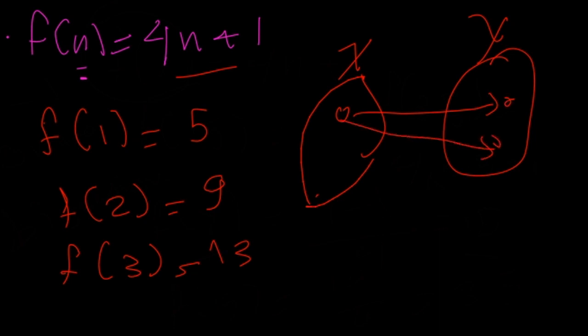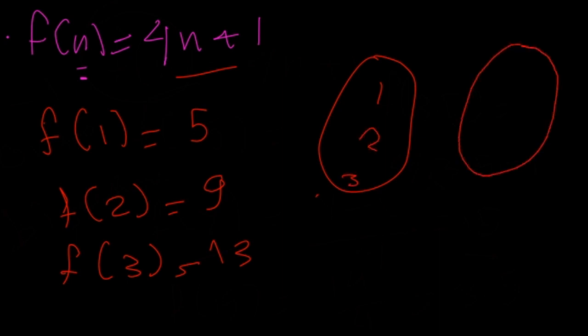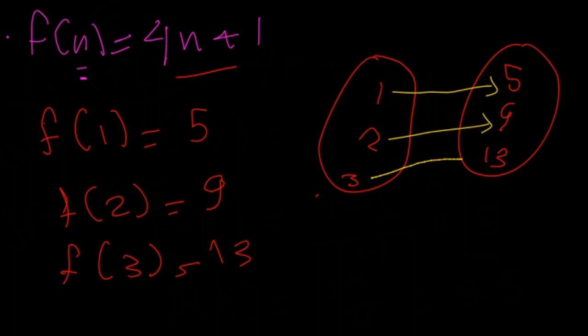If I have one value, let's say 1, with the same image here, then this function is not one-to-one. As long as in this example I managed to show that every single value in the domain, I have 1, I have 2, I have 3, has a one-to-one mapping and one-to-one correspondence with the codomain, then this function is basically a one-to-one.